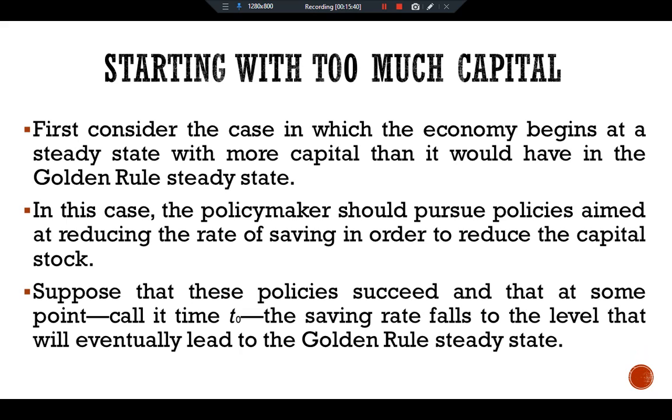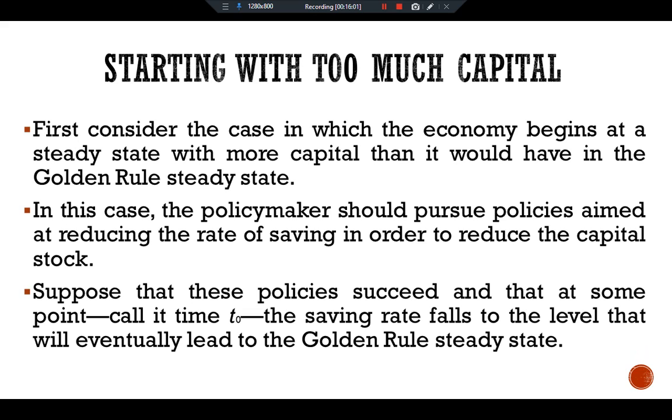Suppose that these policies succeed, and at some point, call it time t0, the saving rate falls to the level that will eventually lead to the golden rule steady state.